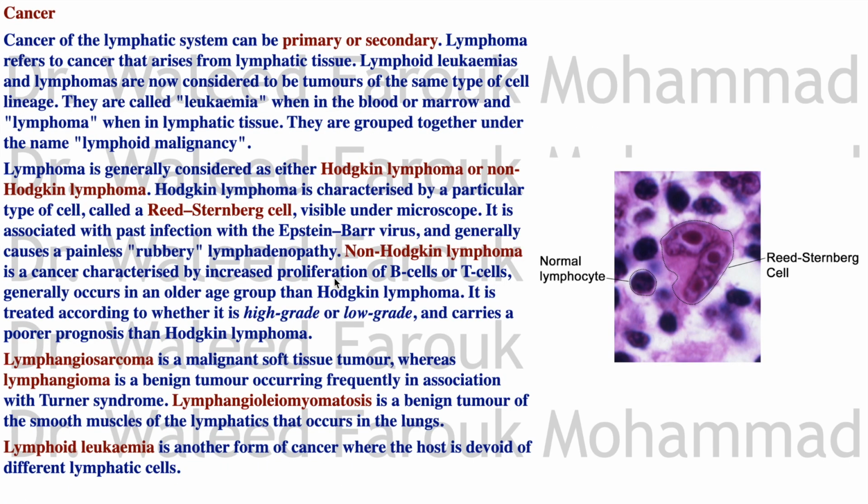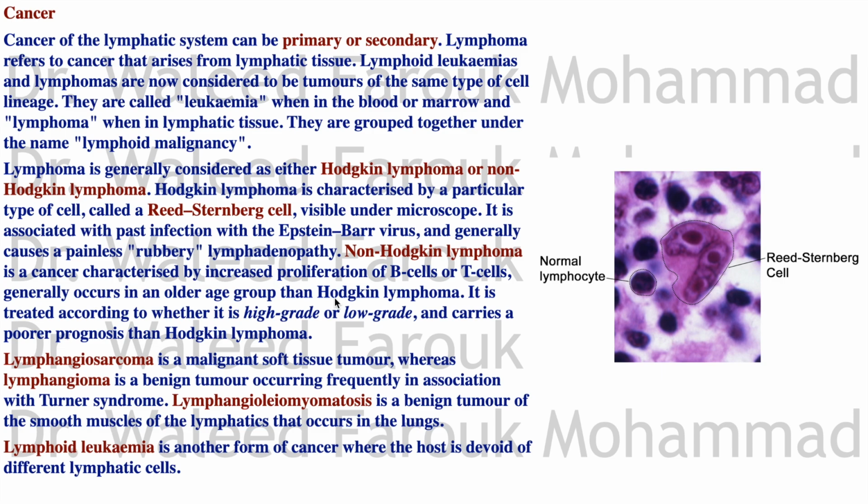In case of cancer, it's classified as primary or secondary cancer. Primary means from the lymphatic tissue itself or the lymphatic cell series itself. Secondary means the origin is a different tissue in the body that metastasized to the lymphatic tissue.